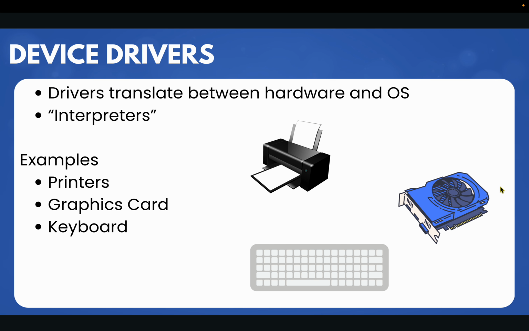So this could be a printer or a graphics card if you, for example, built your computer, or a keyboard or a mouse, etc. So sometimes when you get some of these items, such as a keyboard or a printer, it might say you need to install a driver to be able to use that hardware. It's basically a program in the background that you would install and run to open up that gateway of connection between the hardware and the operating system of your computer.